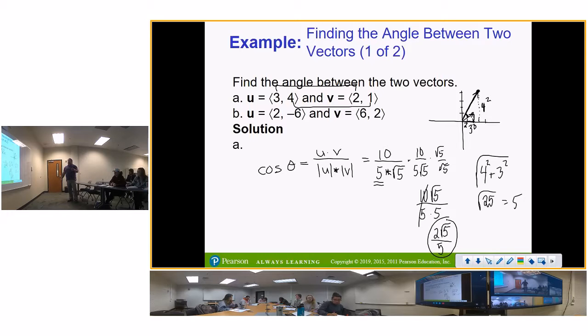Now, a lot of you may say, well, Hubert, you're kind of going a little fast. Most of you should know what I'm doing. Because what have I done? The only thing different that I've done is the U dot V. That's the only thing different I've done. Why? Because you know the Pythagorean theorem. You know how to find the hypotenuse of a triangle.